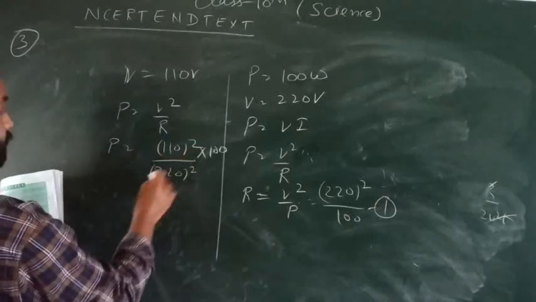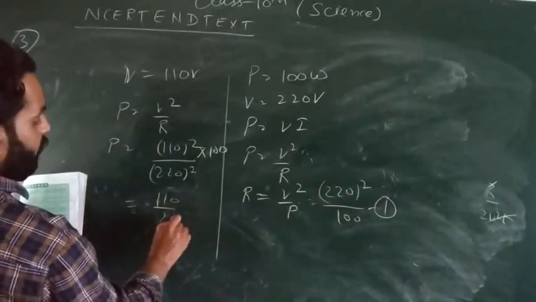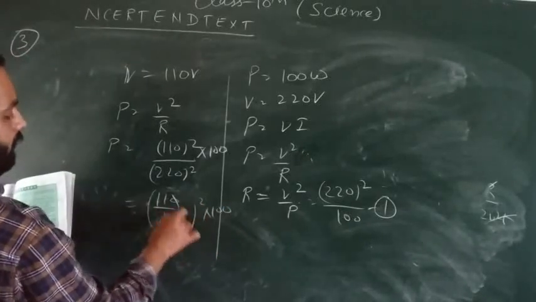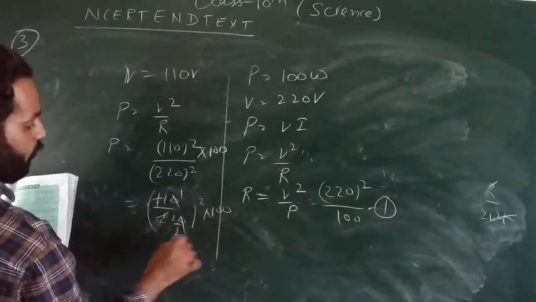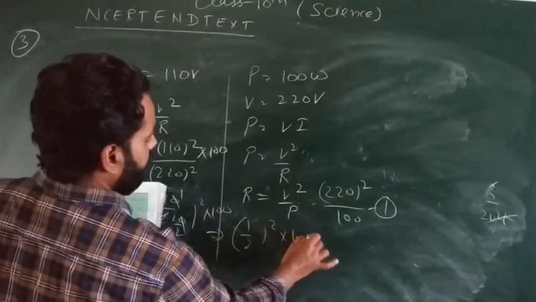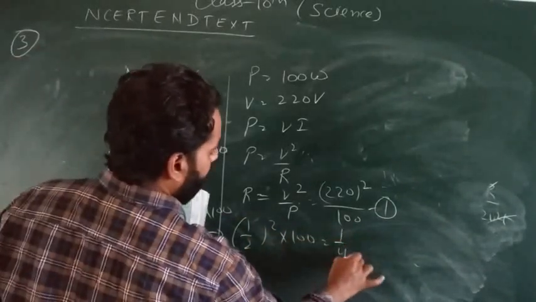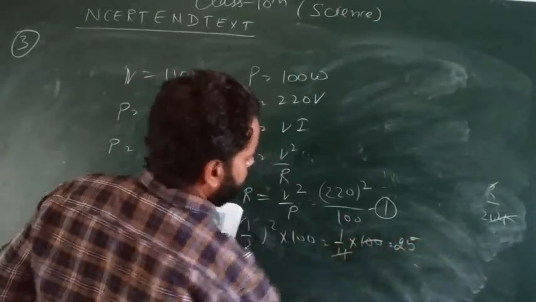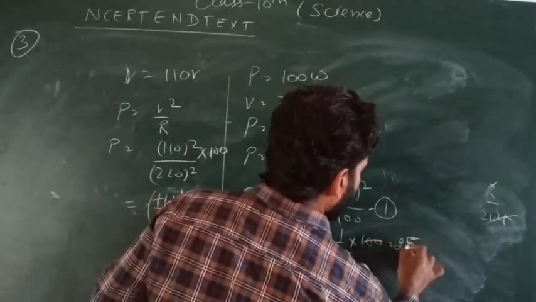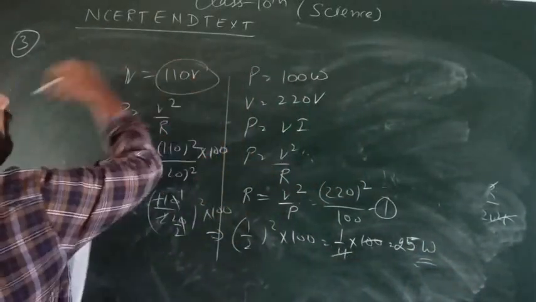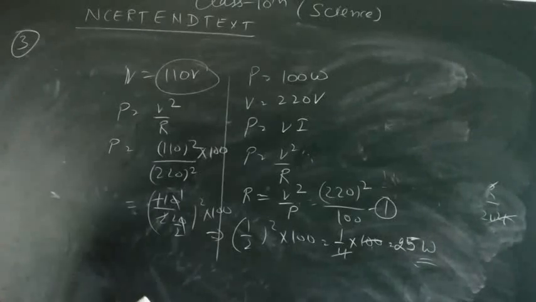So it is 110 divided by 220 whole square into 100. That comes out to 1 by 2, so it becomes 1 by 2 square into 100, which is 1 by 4 into 100. It comes out to be 25 watt, the power of the bulb when it is operated at 110 volt.